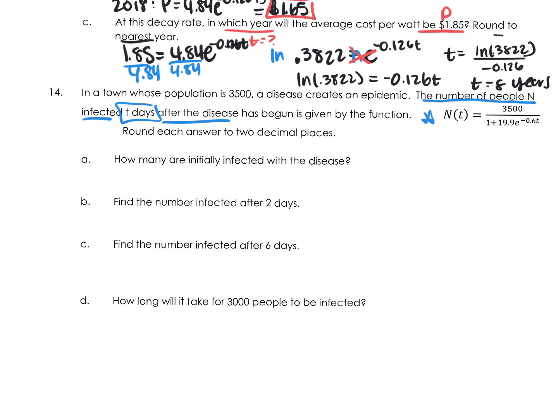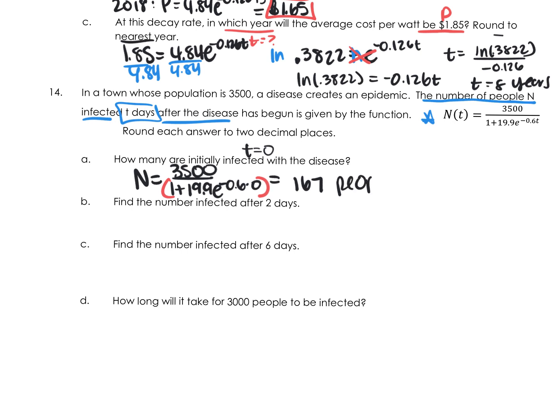If we want to know how many people are initially affected, we're talking about when t is equal to 0. So we'll plug t equal to 0 and solve for n. If you type that into your calculator, don't forget to put the bottom in parentheses, and you should get 167 people.